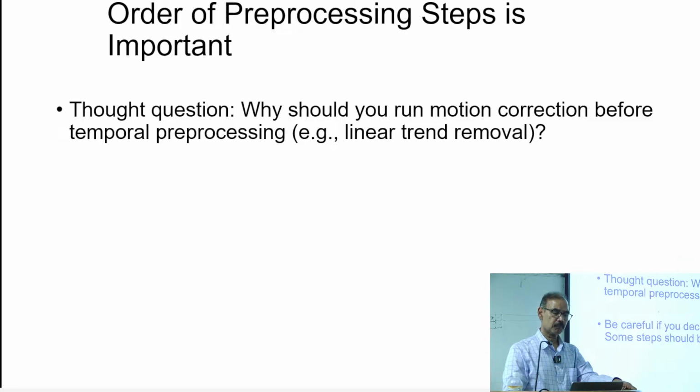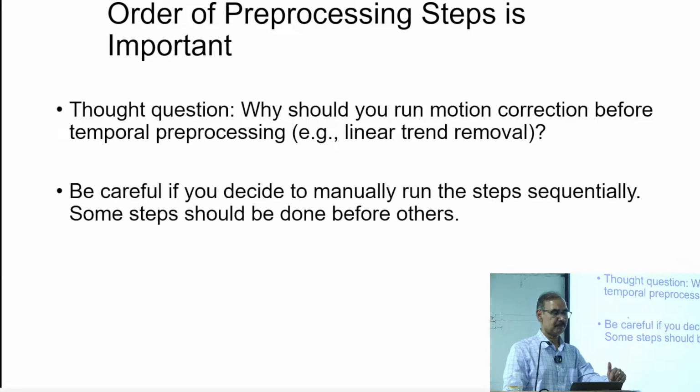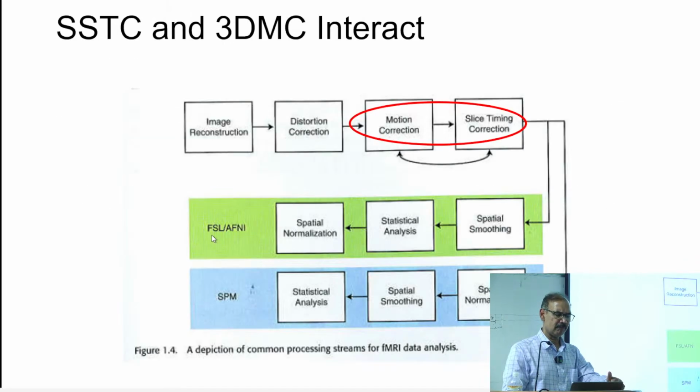So be careful about how you run the steps, right? Some steps should be done before others. And this is where it's a little tricky, because even among software packages there are differences in opinion as to how things should be done. DPABI has a different idea also, as some of you had mentioned.